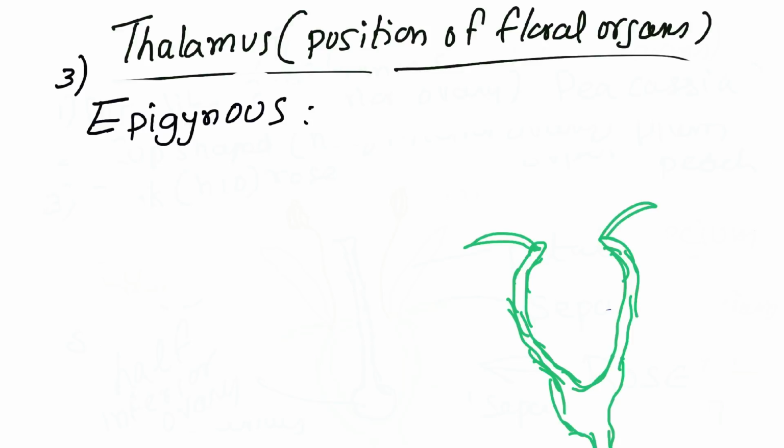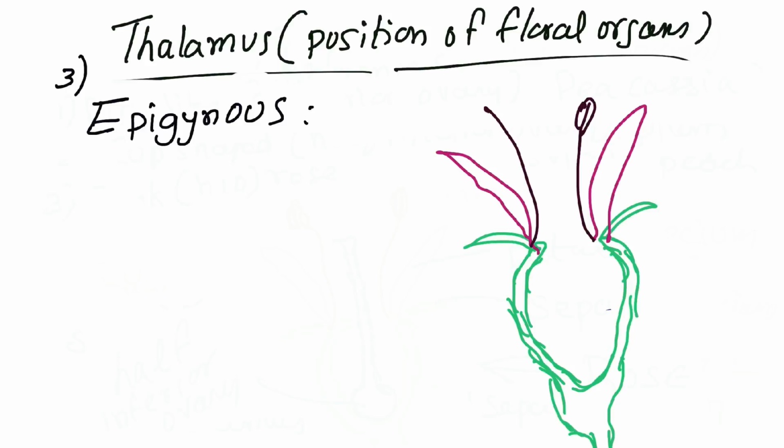So that's an interesting development where the ovarian wall is fused with the thalamus. You can see that once again the thalamus is quite flask-shaped. The ovary is developing from the bottom of this flask-shaped thalamus, but not only that, it is developing in such a manner that it's fused with the thalamus. That's a key point.